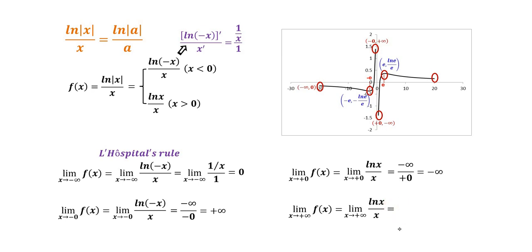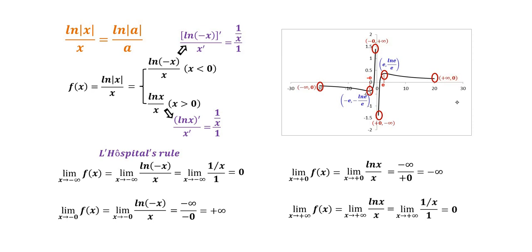Again, the derivative of ln x is 1 over x, and the derivative of x is 1. So it's equal to 1 over x over 1, and when x is approaching positive infinity, this is going to be 0. So now we get the other lower limit, when x is approaching positive infinity, and the limit is 0.